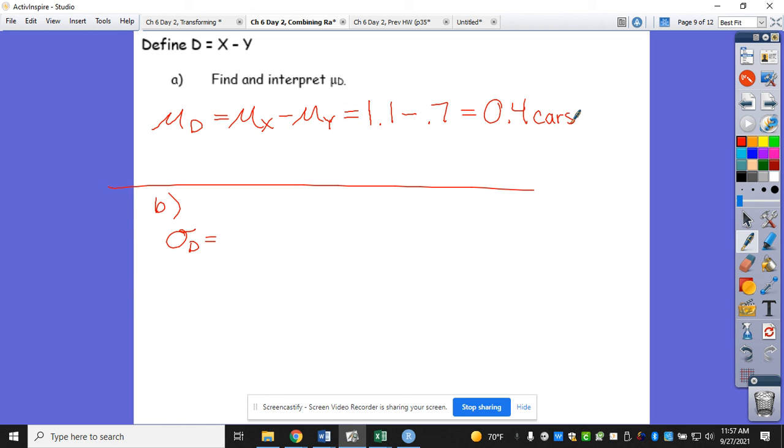That's the average number of what? On average, they sold 0.4 more cars than they leased. What would I write for sigma of D? So even though difference is minus, we never subtract, we always go through variance. So this ends up being the exact same thing that we just did. We never subtract for standard deviation. So you just add.